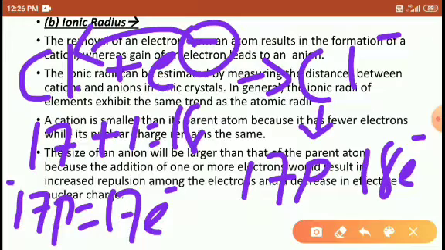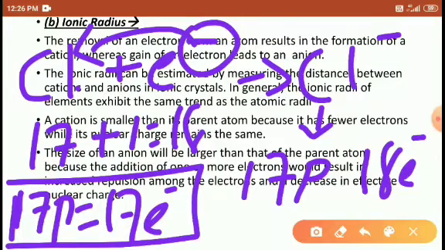Look here. The atom is neutral, with 17 protons and 17 electrons, so both are equal.